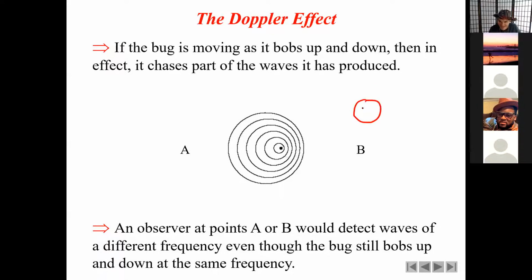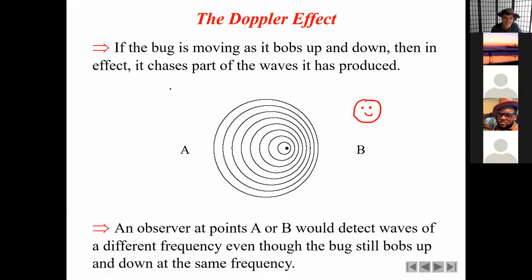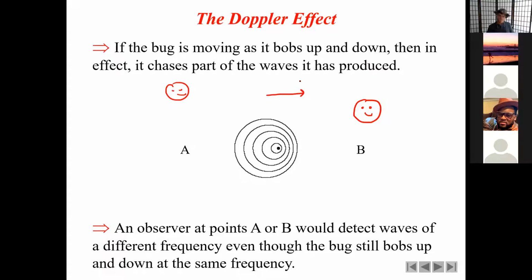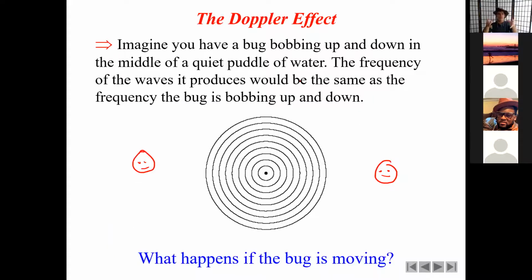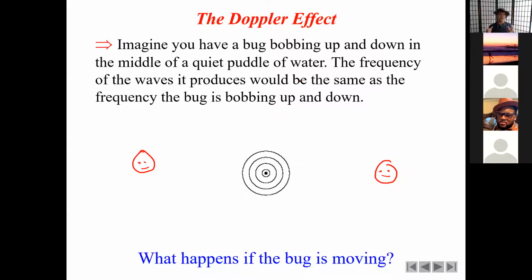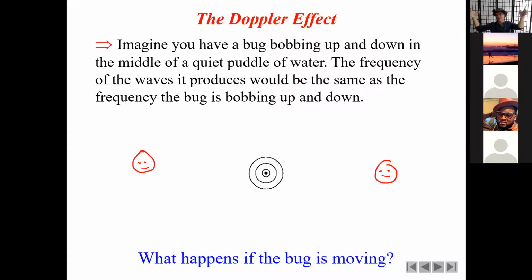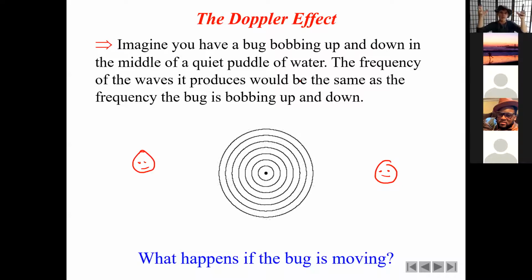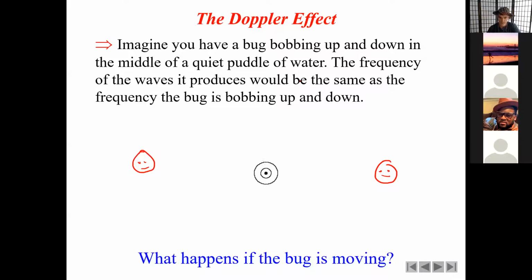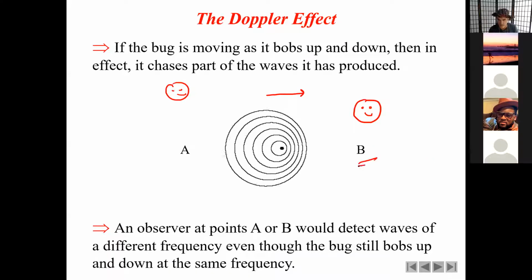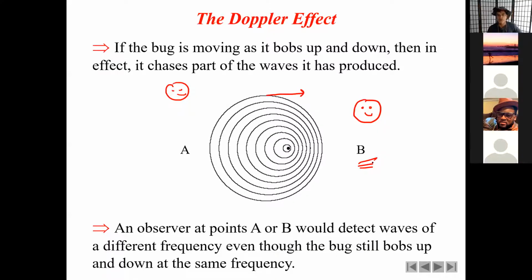Excuse my language. All right, so we've got this bug, which is producing waves. Before, we were considering the bug not moving. And so if the bug is not moving, it doesn't matter which side of the bug I'm on, I'm going to detect the waves at the same frequency that the bug is emitting them. But if the bug is moving towards me, so let's say I'm observer B, notice 2 things.